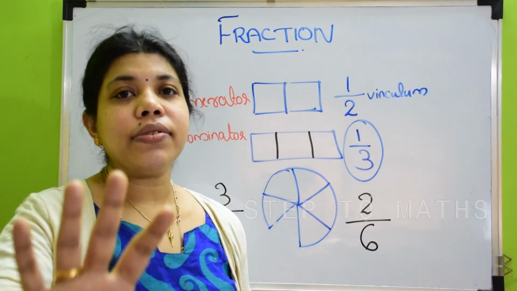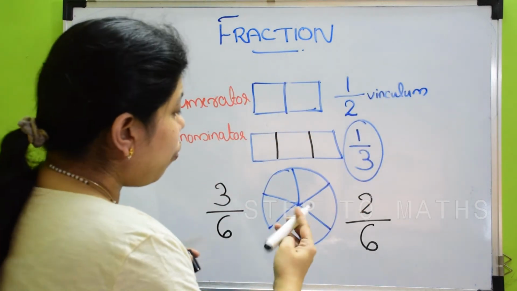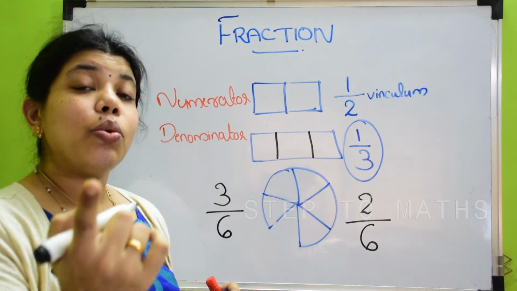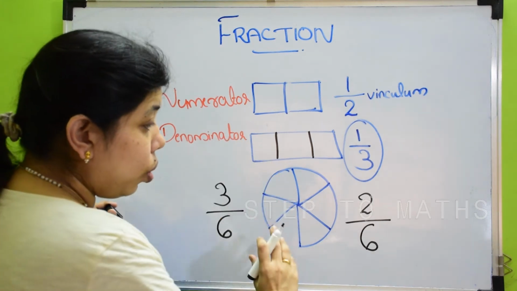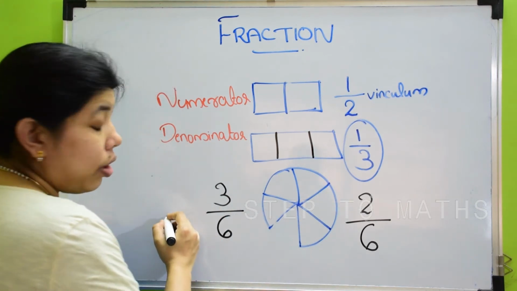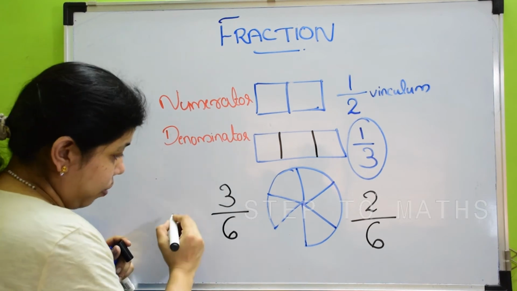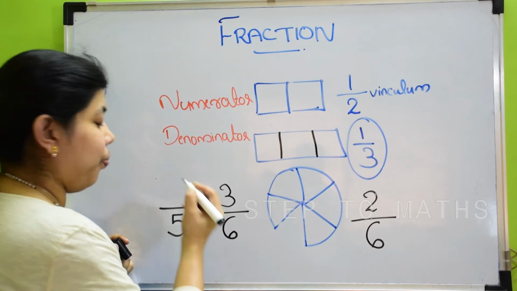Now only 5 pieces are left. So how many pieces are now available? 5 pieces. So in the denominator we have to write 5.